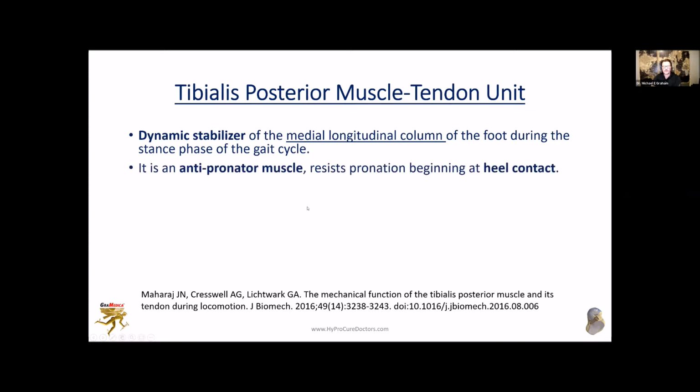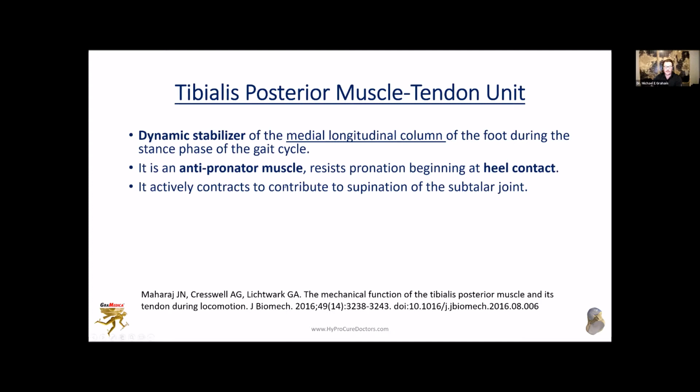Now, something else is that it is an anti-pronator muscle. It resists pronation at the beginning of heel contact. Right when the heel is touching the ground, the central nervous system is already sending a signal to the muscle so that it can contract in order to prevent excessive pronation from occurring.